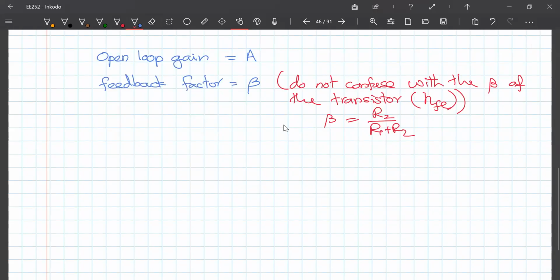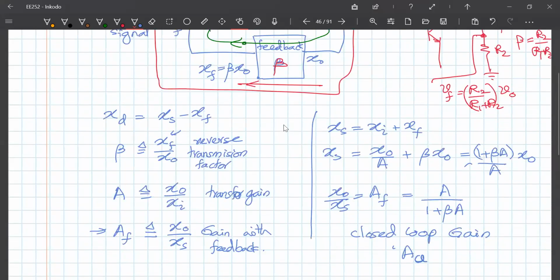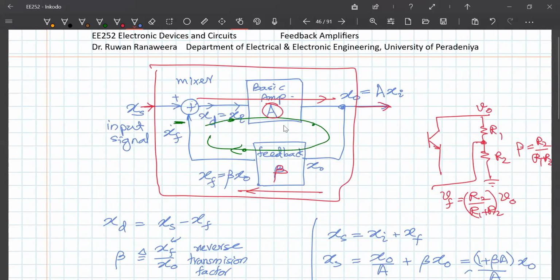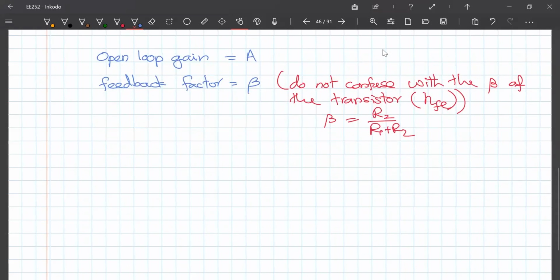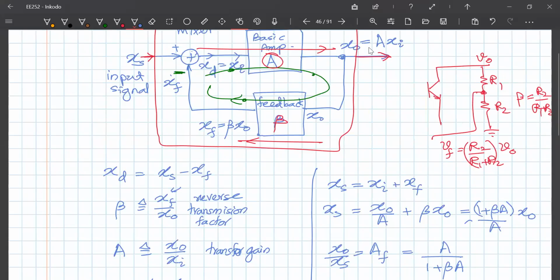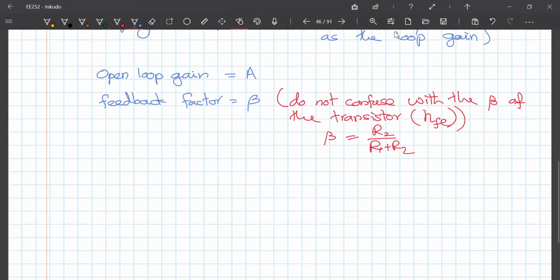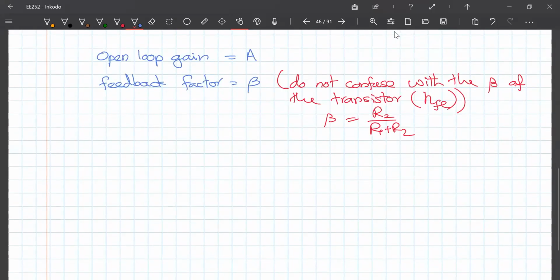So if you go around this loop, like the green color line, the total gain around it is beta times A, times actually negative 1, because you have a negative sign here. If you go around the loop, that also comes into the picture. Sometimes we therefore mark it as the negative of that.